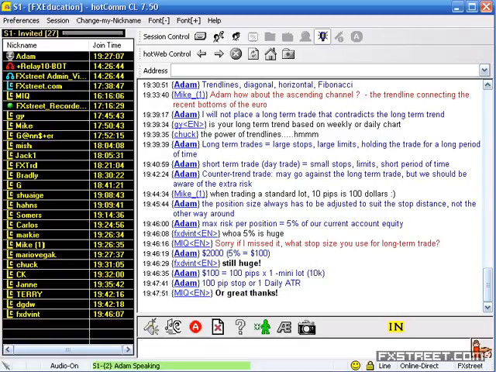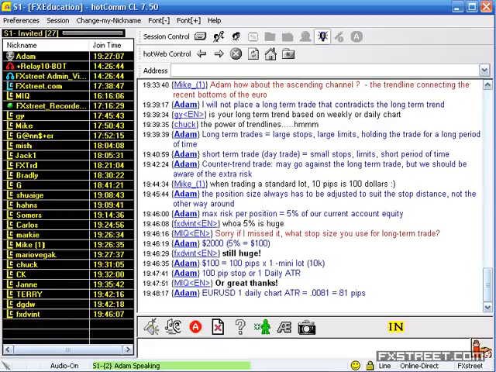You just take a look at where the level is right now, which is 0.0081. On the euro dollar, 1 daily chart ATR equals 0.0081, which equals 81 pips. You read this just like you would read the quote on the chart: 81 pips plus or minus the current quote on the euro dollar.